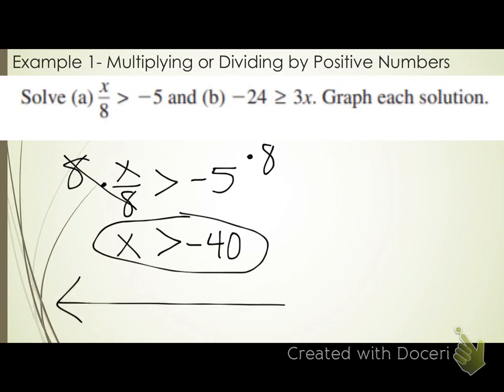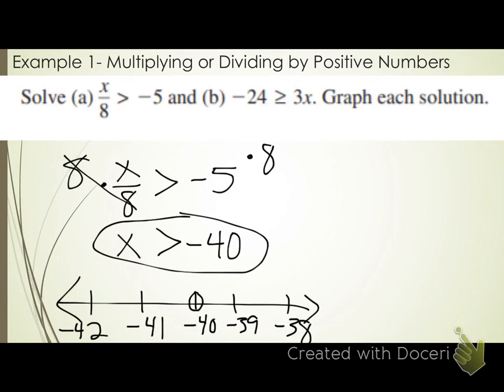It does want us to graph it, so we're going to graph it. How many numbers do I want on your number line? At least 5. Open or closed circle on negative 40? Open.